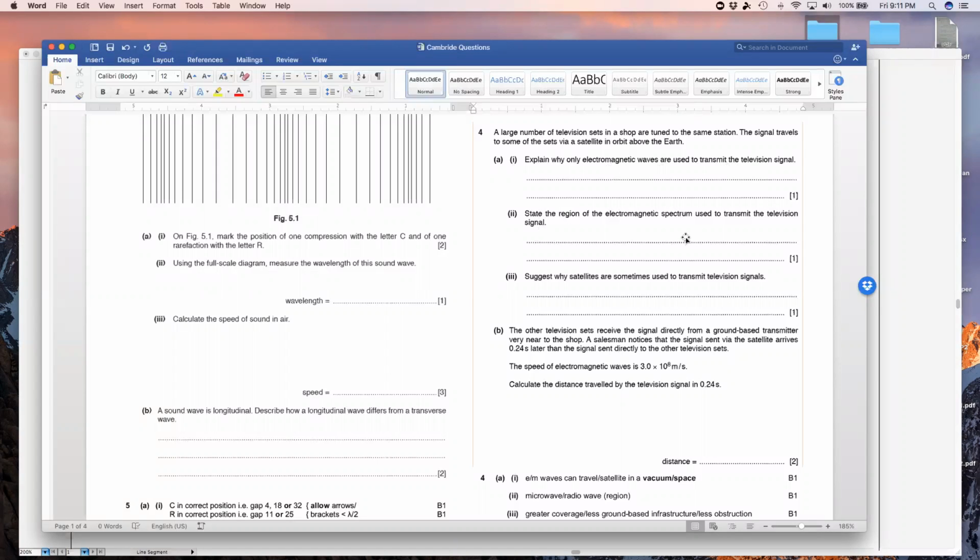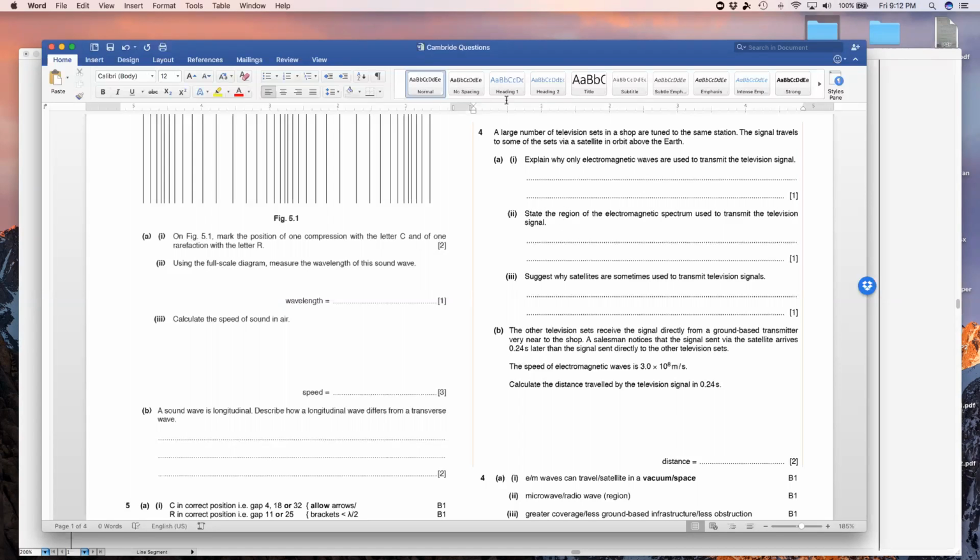State the region in the electromagnetic spectrum used to transmit the television signal. What part of the electromagnetic spectrum do we use to transmit? That will be radio waves. For communication from one place to another, you don't use light waves because light can be absorbed and attenuated.